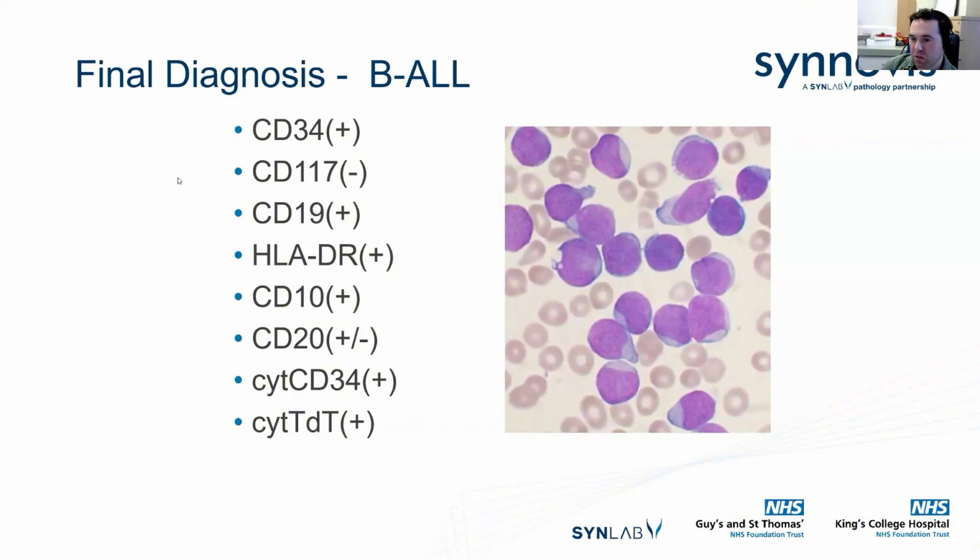So CD34 positive, CD117 negative, CD19 positive, and HLA-DR positive. These three markers really giving it away: CD19 positive, HLA-DR positive, and CD10 positive. The CD20 was positive and negative, heterogeneous. There was also cytoplasmic CD34 positive and TdT expression. So B-ALL.